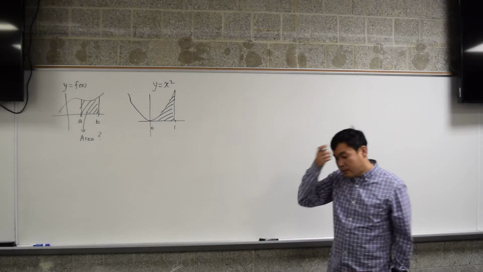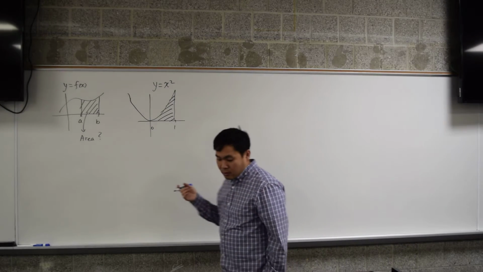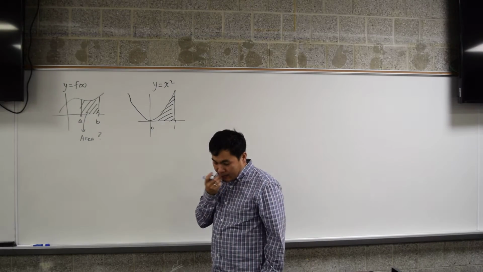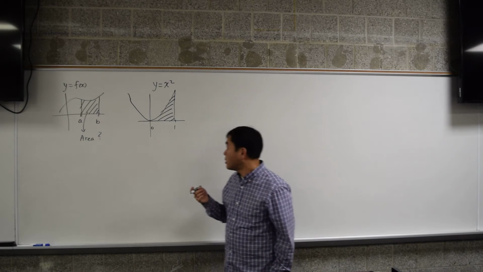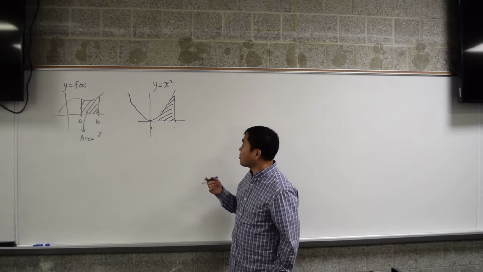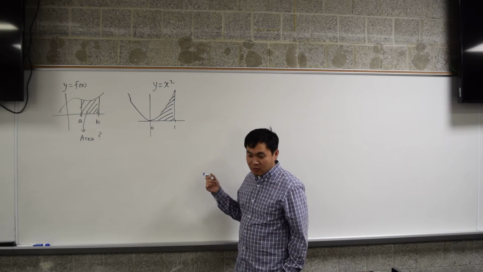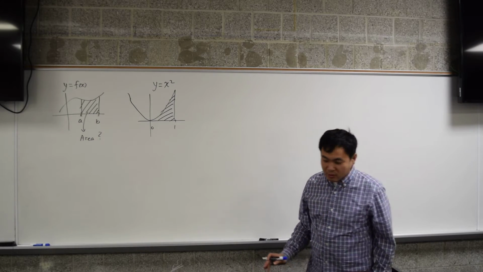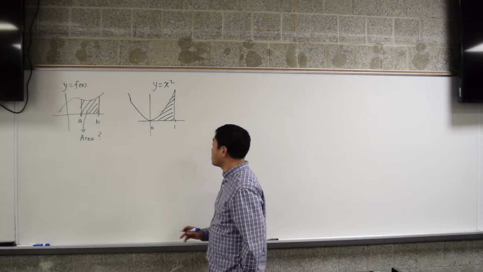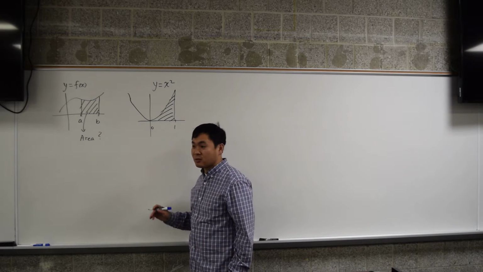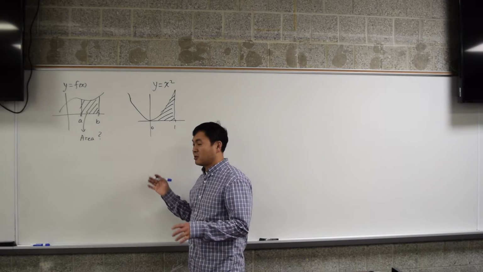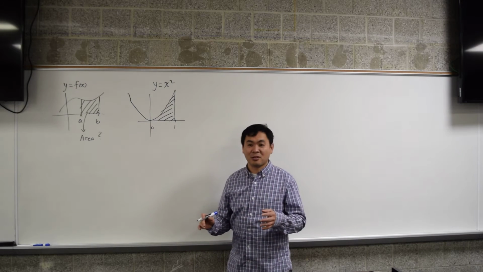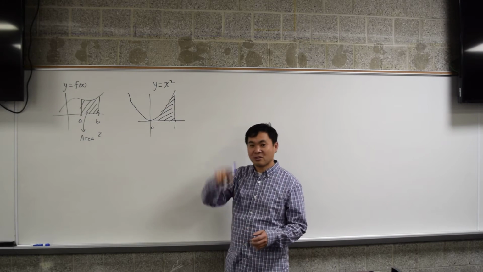Actually, you do use a lot of these approximation methods in engineering. So I heard that one of the naval architecture classes has this question: you have a hole in a ship, and you measure various parts.